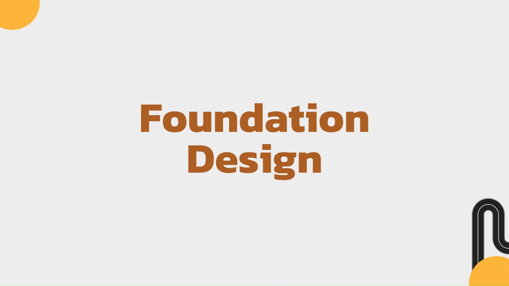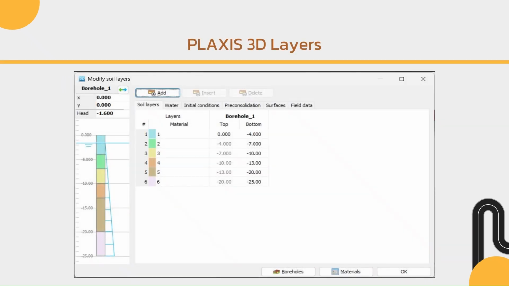Our last chapter in this presentation is our foundation design. The first step in our foundation design was carried out using Plexus 3D, supported by our manual design calculation Excel sheet for the 25-meter depth from the soil report.